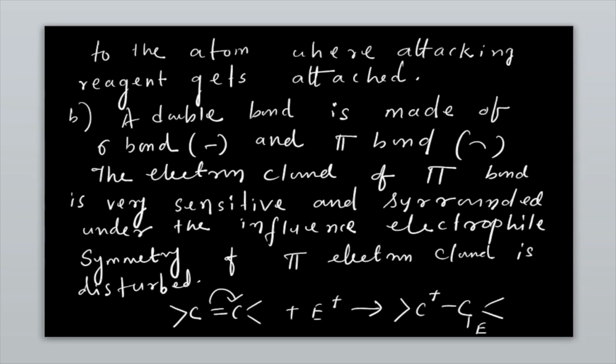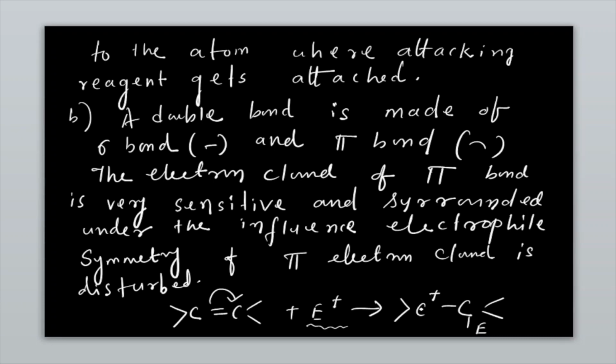When E plus is attached on one side, just like I told, when H plus is attached, that is also positive electromeric effect. One side E is attached and on the other side C plus, that is, a carbocation is produced.